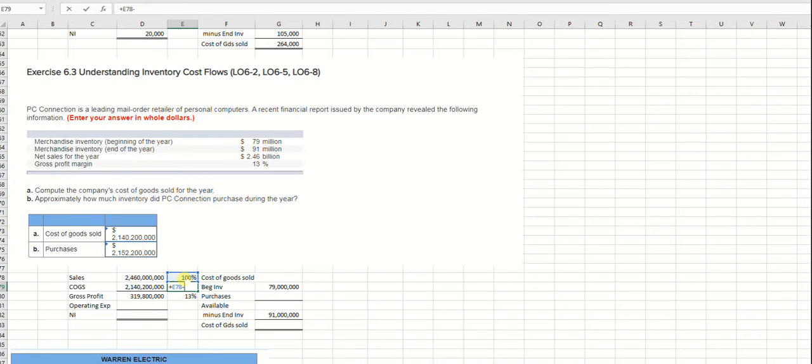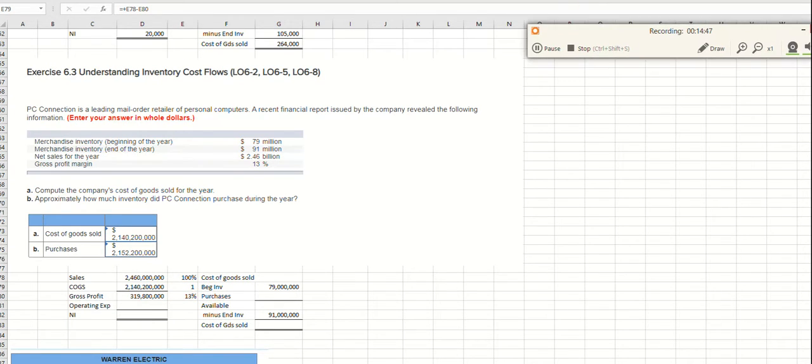So 100 minus 13% is 87%. So I could say, okay, well, if gross profit is 13%, then the cost of the items is 87%. So 87 cents on the dollar goes to cover the cost of goods sold, and 13 cents goes towards covering the rest of the stuff. So it's pretty small gross profit margin there.